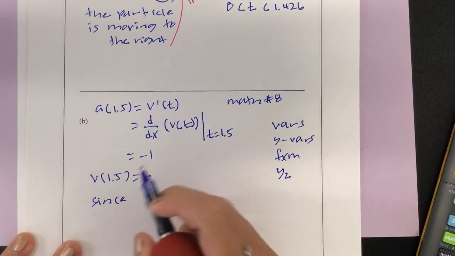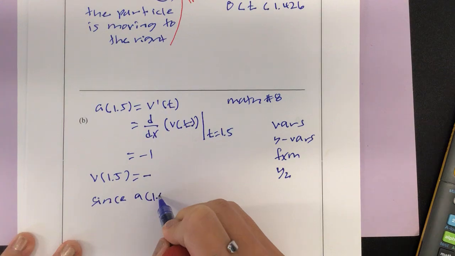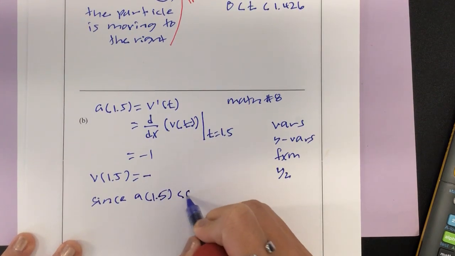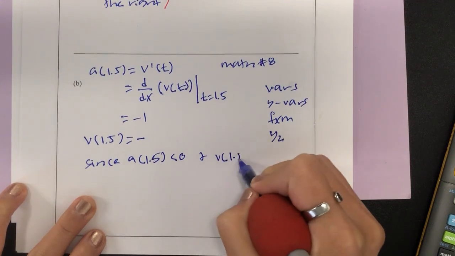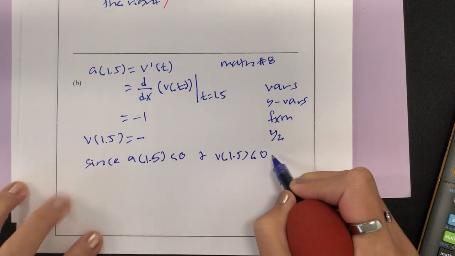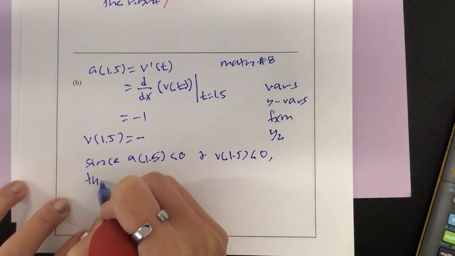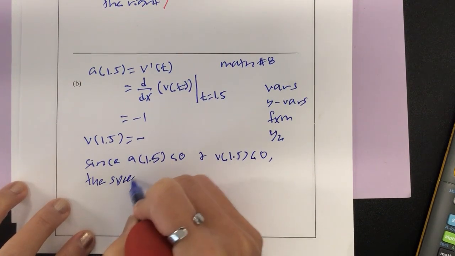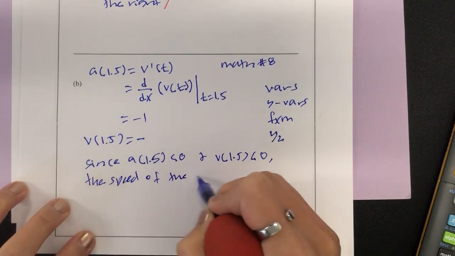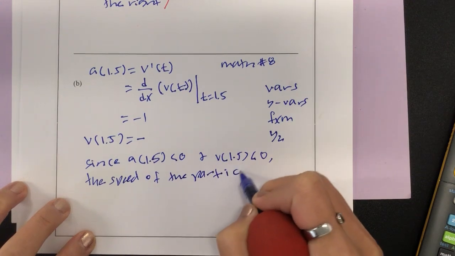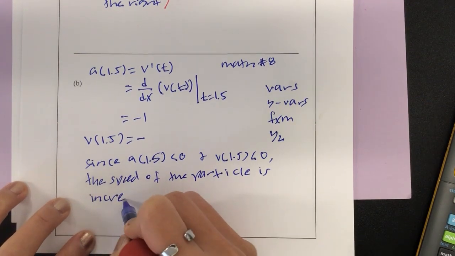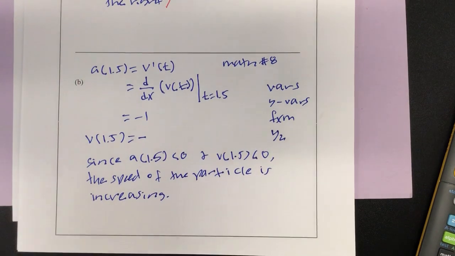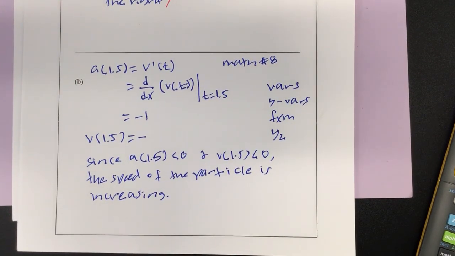Since a of 1.5 is less than 0, you can say negative, and v of 1.5 is also less than 0, and then we're going to copy the little sentence down. The speed of the particle, what do we say it was? Is increasing. Make sure you have it all down.